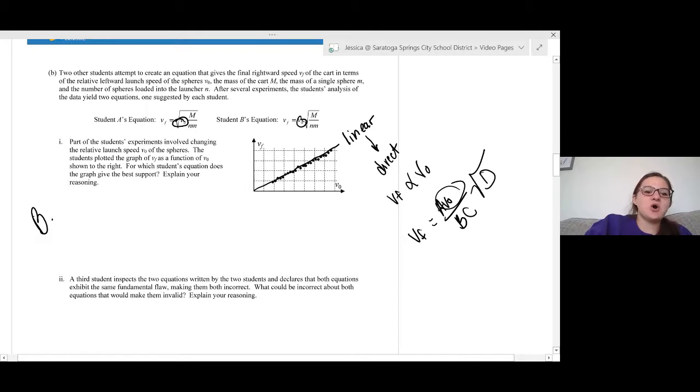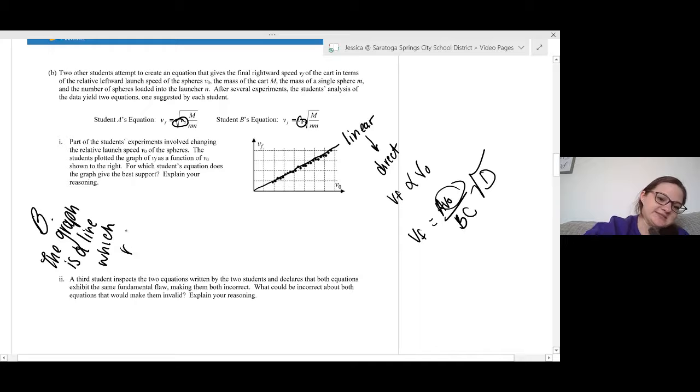Okay, so how do we explain our reasoning? We could say the graph is a line, which represents, sorry for writing sideways, a direct relationship.